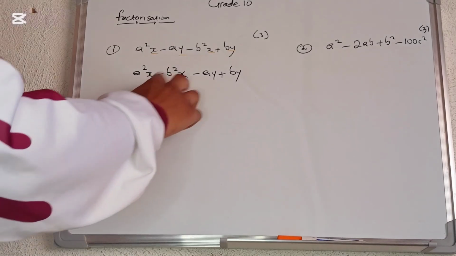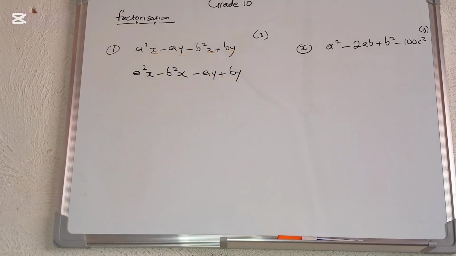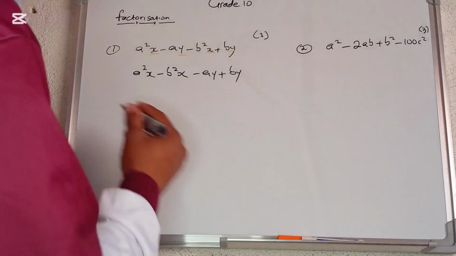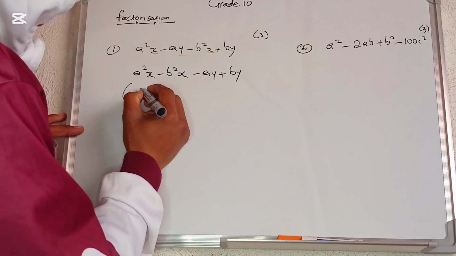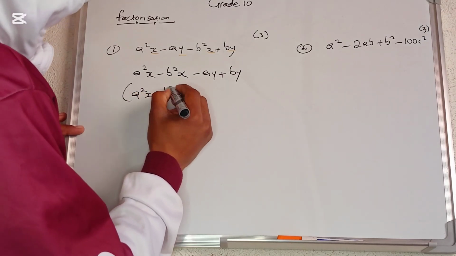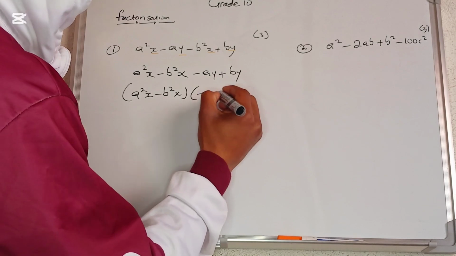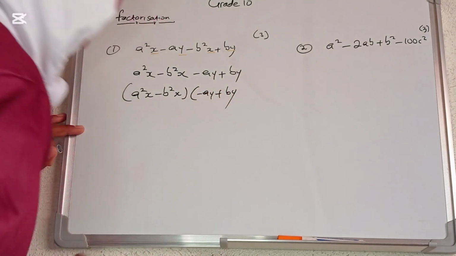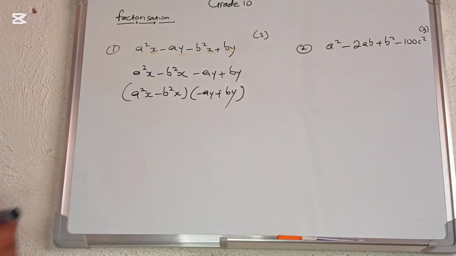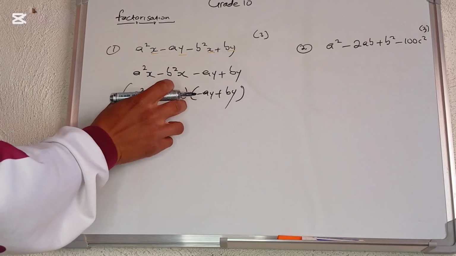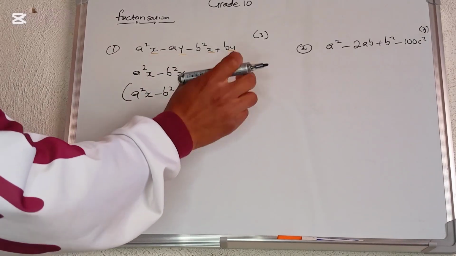You have x, you have x, you have y, you have y. So now let's group this equation. We're going to have a squared x minus b squared x, then negative ay plus by. Close the brackets, right? So what is common in here? It's x. What is common in here is y.